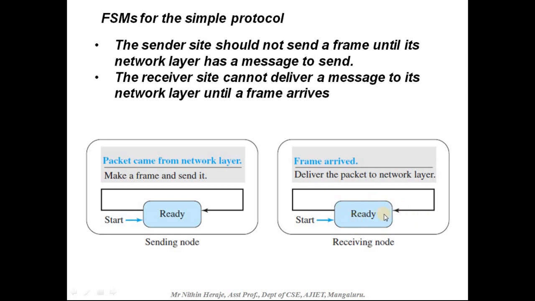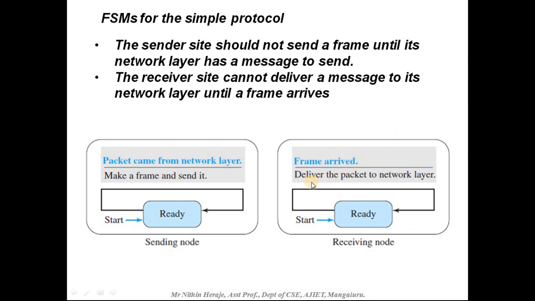even here we have only one state, that is the ready state, and that itself is the initial state. So here the event occurring is that a frame arrived, that is a frame arrived from the source at the data link layer. So the action to be performed is that you need to deliver the packet to the network layer from the data link layer.